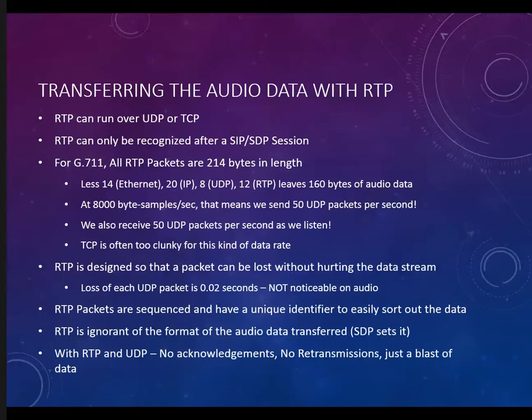The issue there sometimes is that TCP, which requires acknowledgments and whatnot, is too clunky for this kind of data rate. You tend to incur latencies and you get delays in your voice, which to an audio communication system like a telephone is unacceptable to users. So with UDP, we can keep up the real-time stream without having penalties for losing packets in the stream.